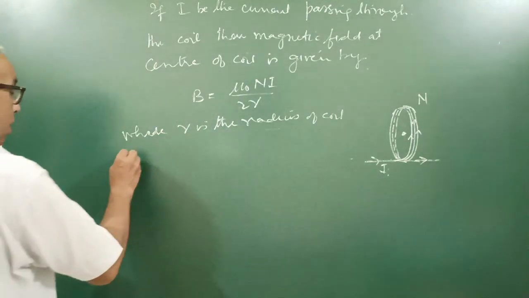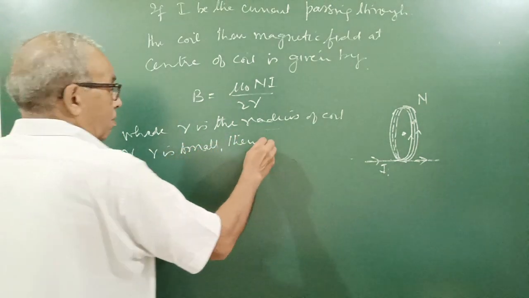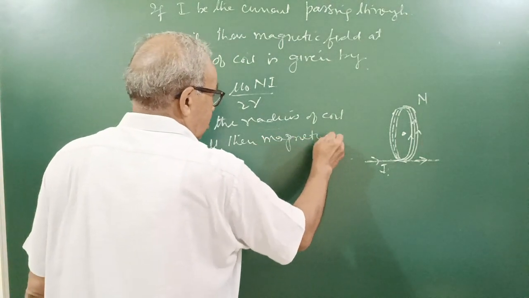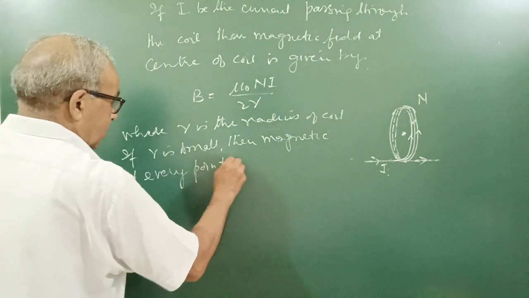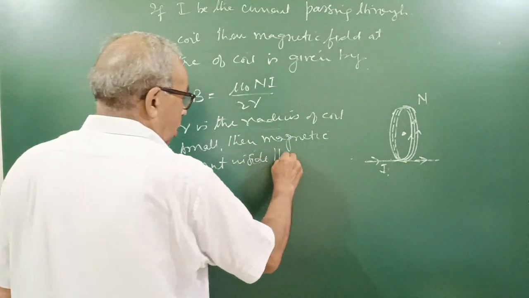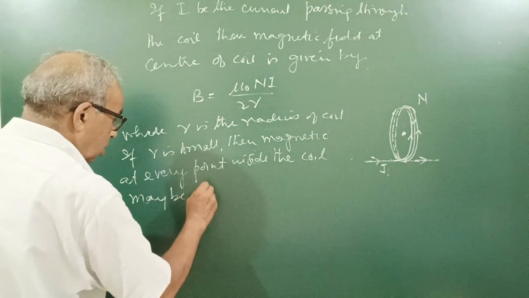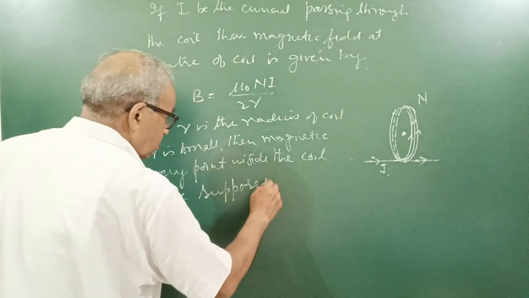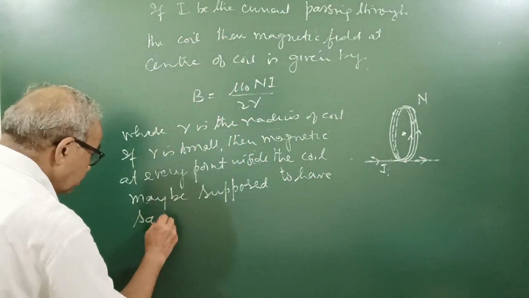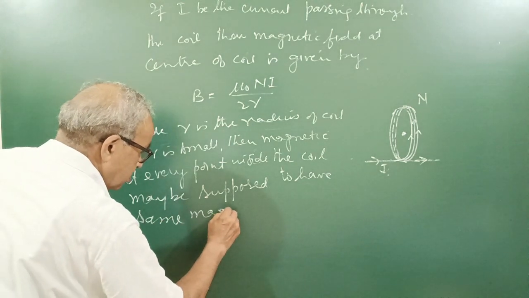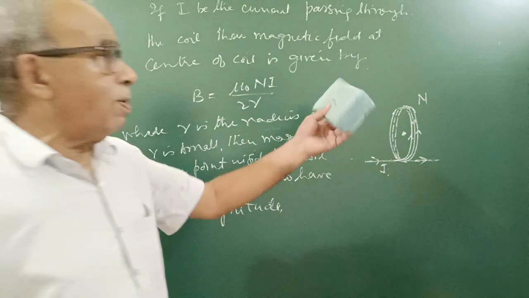But now, if R is small, then the magnetic field at every point inside the coil may be supposed to have the same magnitude, and this field will be perpendicular.